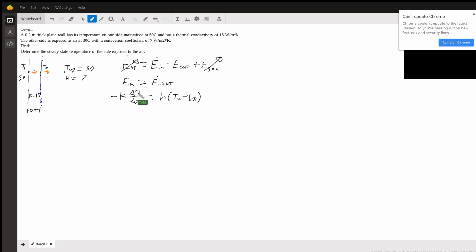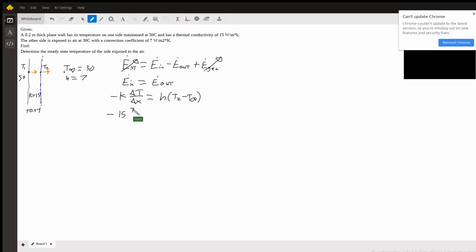Okay, and so to fill in what we know, we have negative K, which was 15, times this delta, which is always going to be, you could call it, head minus tail.